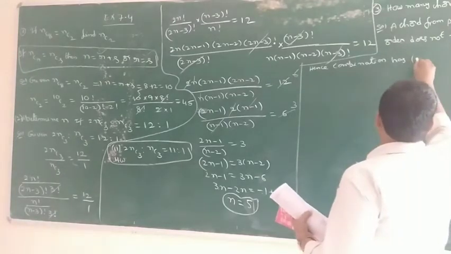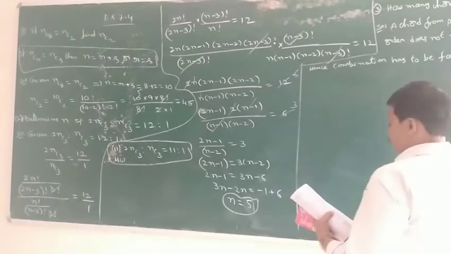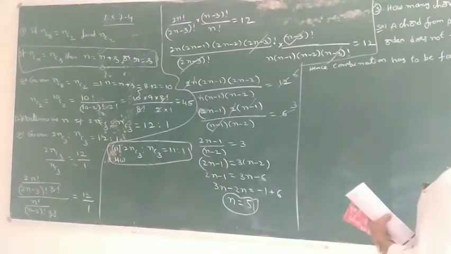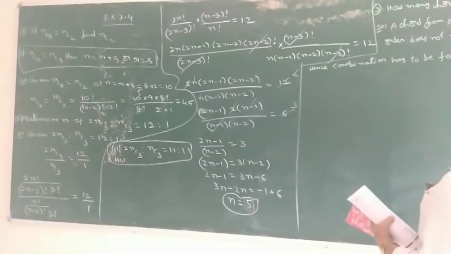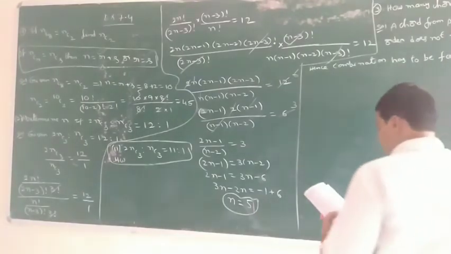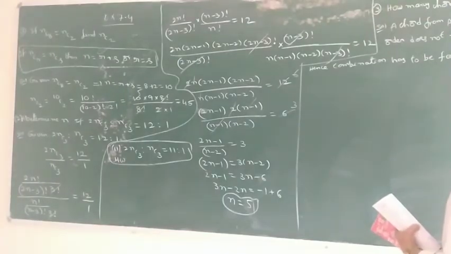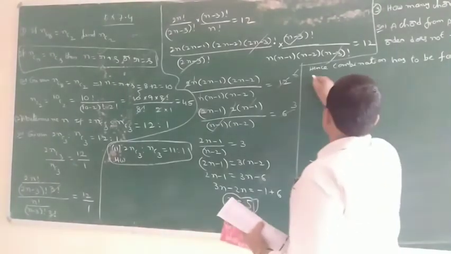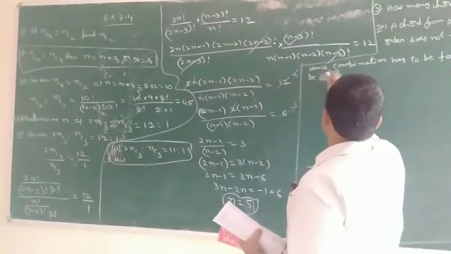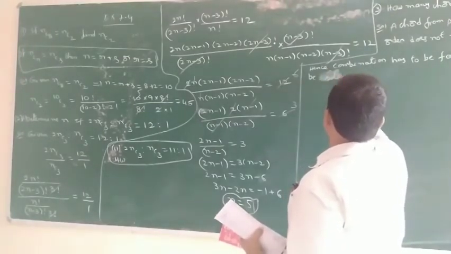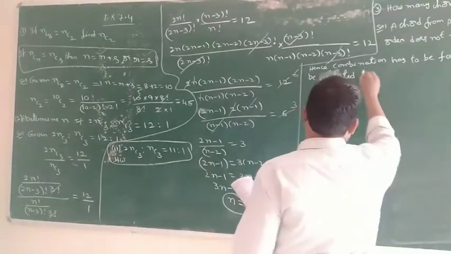to be found out. 2 points have to be selected from 21 points.